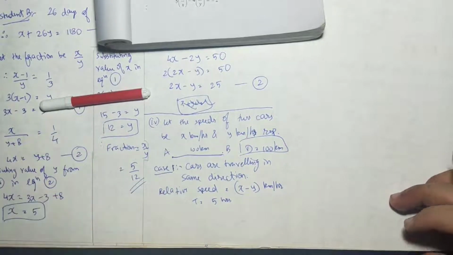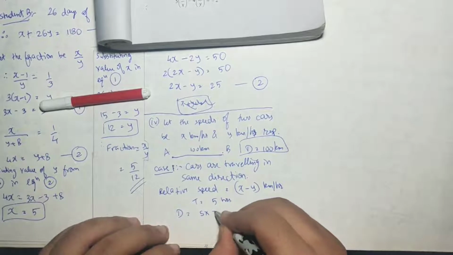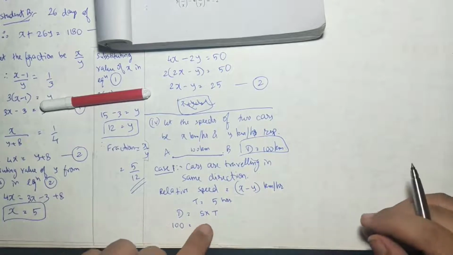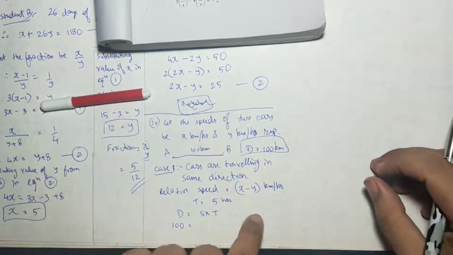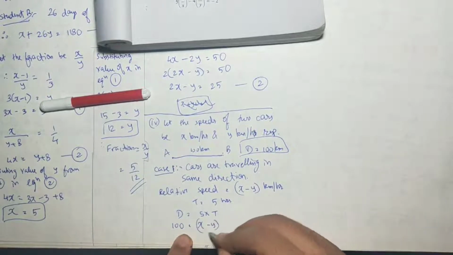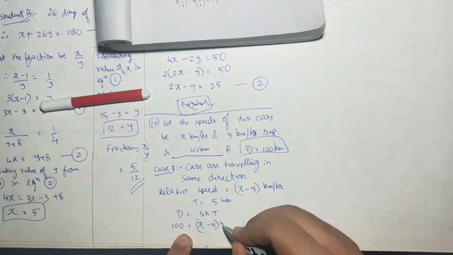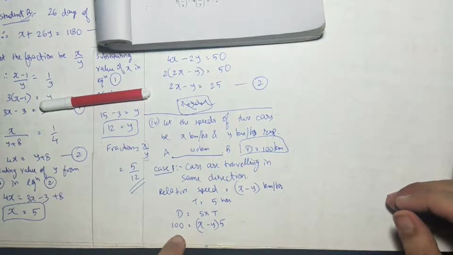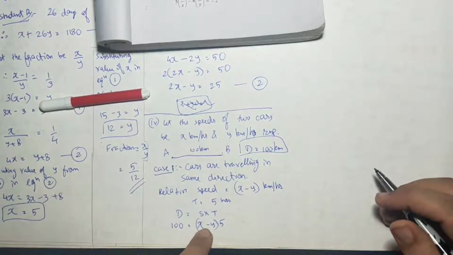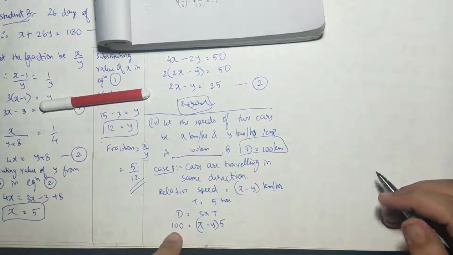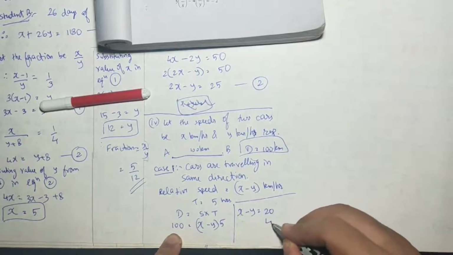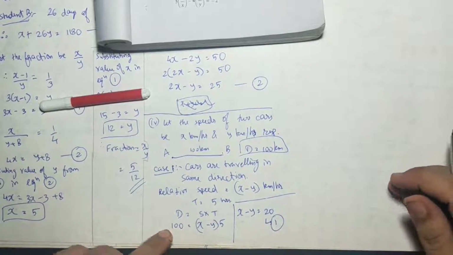According to the formula, distance is equal to speed multiplied by time. So distance is 100, and speed here means relative speed. So (x minus y) multiplied by time, which is 5 hours. This 5 will go in the denominator, so x minus y equals 20, and this is your first equation.